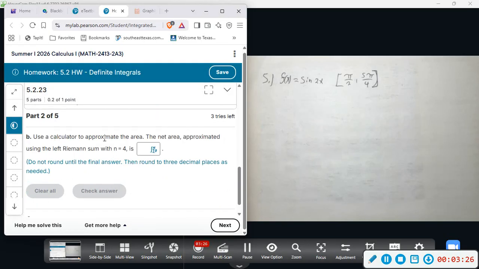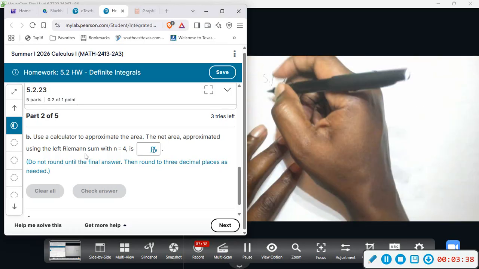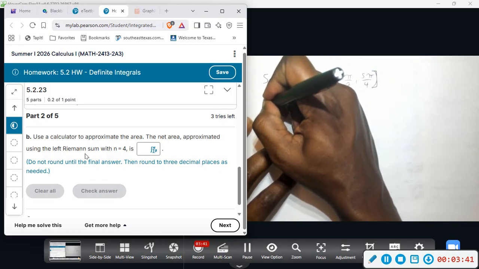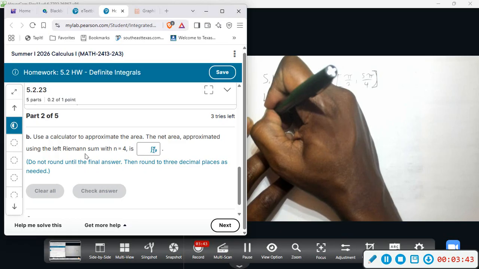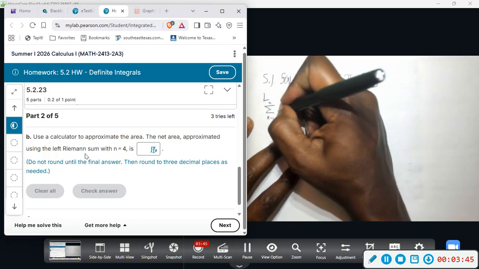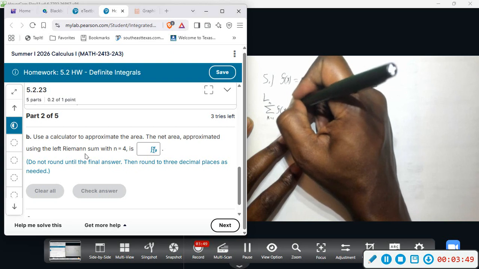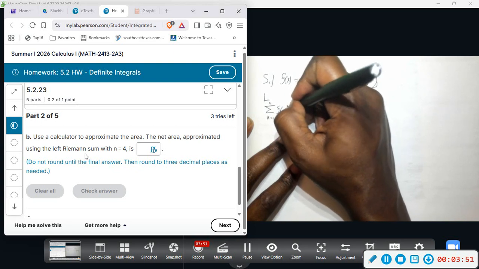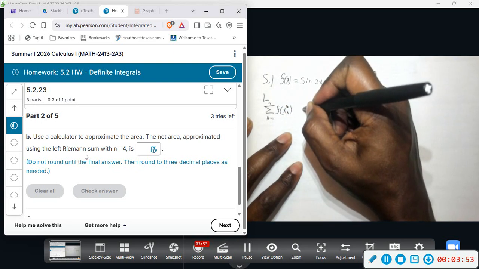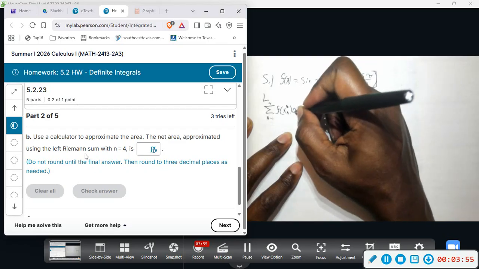All right, now it says use a calculator to get the approximate area. We're going to use the left Riemann sum. And so again, the formula was summation. Okay, for left, it is summation from k equals 1 to n of f of your function at the special x value, times the change in x.